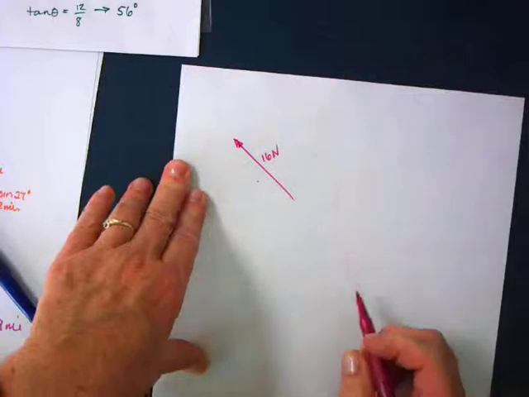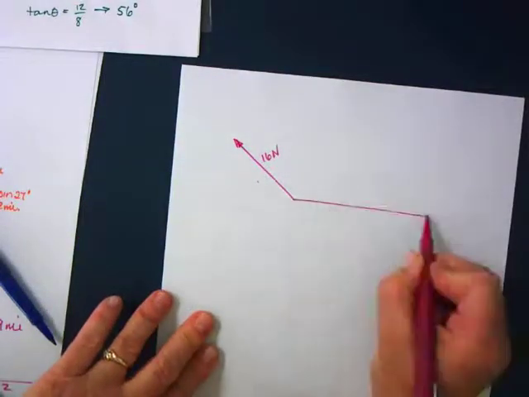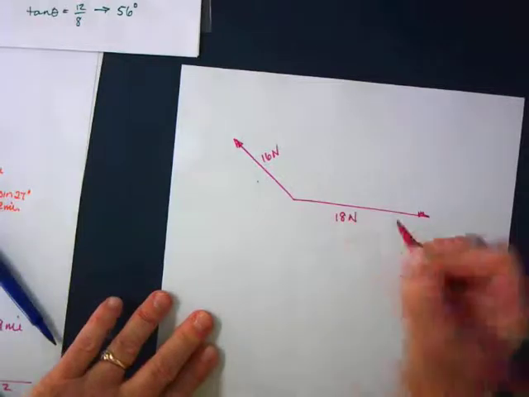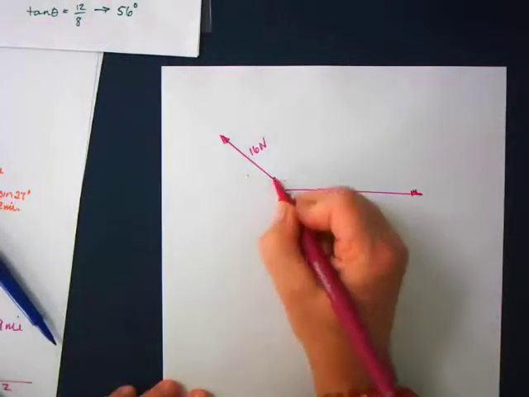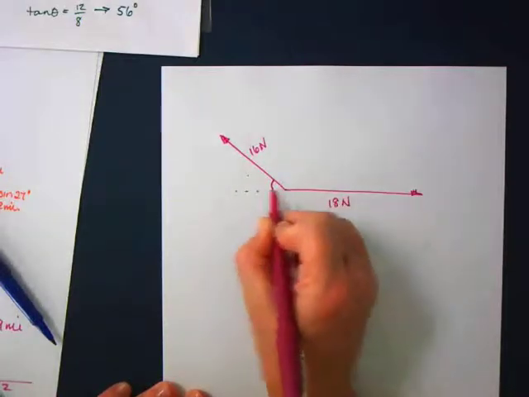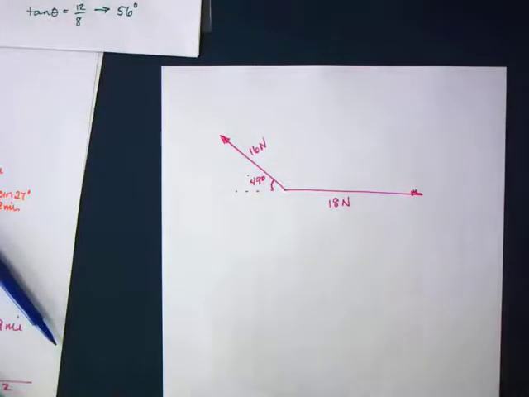Let's say I have a 16 Newton force pulling up and to the left, and an 18 Newton vector pulling perfectly horizontally. And the 16 Newton vector is at a 49-degree angle with the horizontal.